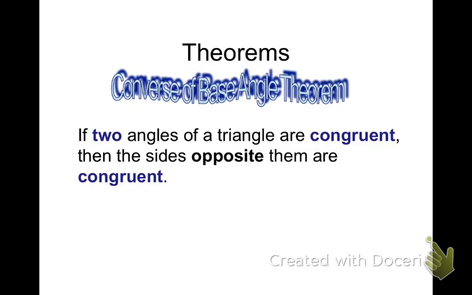Then the sides opposite them are going to be congruent. So for our picture, isosceles triangle, if you have base angles that are congruent, then the side opposite of that base angle will be congruent to the side opposite of that base angle.